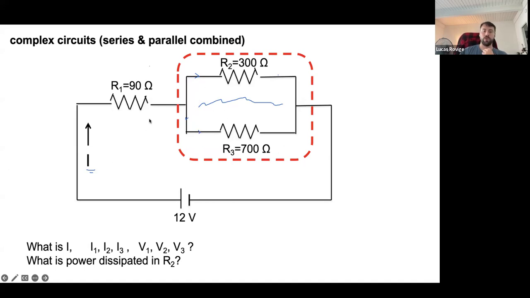And then we also know that the potential across this whole loop here is going to be 0. So 12 minus this potential minus this potential is going to be equal to 0. And so using all of these laws, we can retrace each current and its potential and get a total characterization of the circuit.